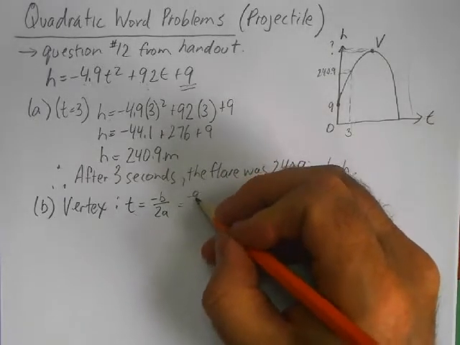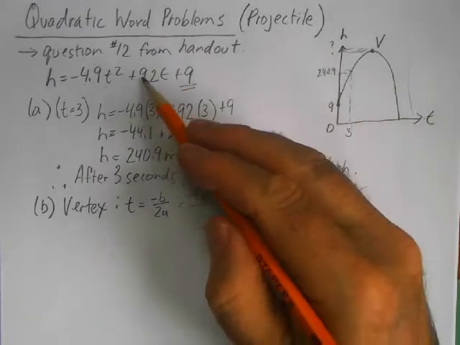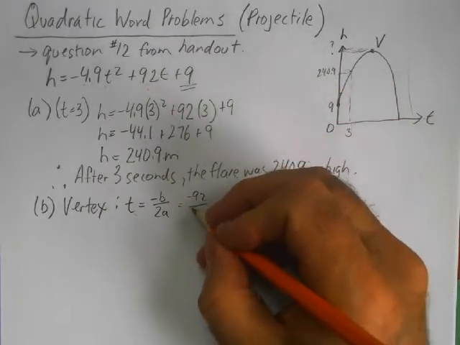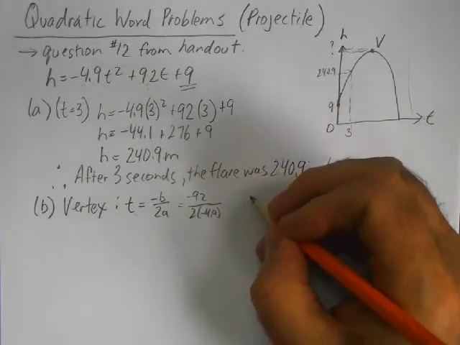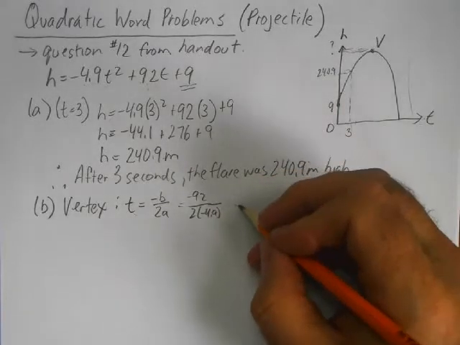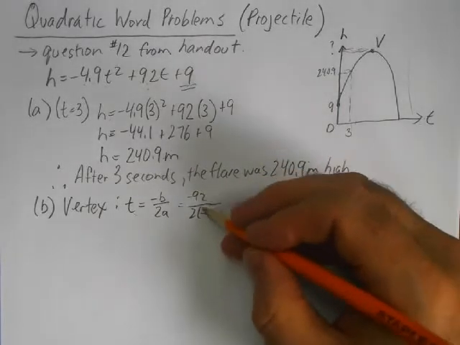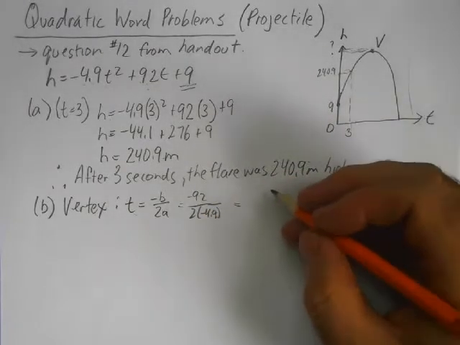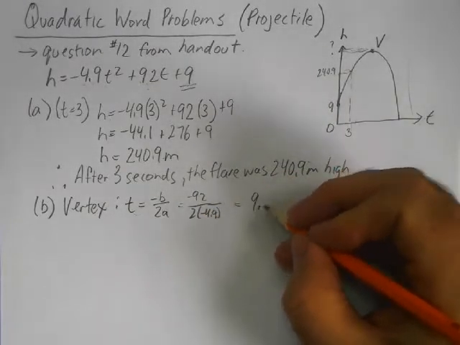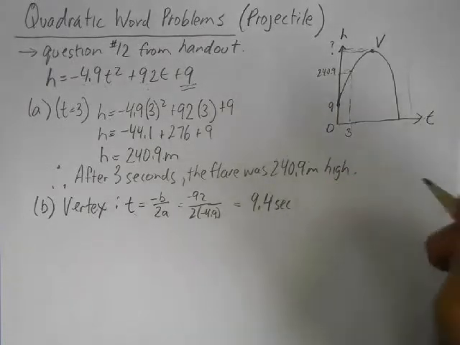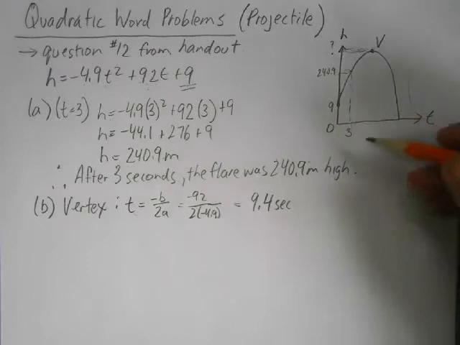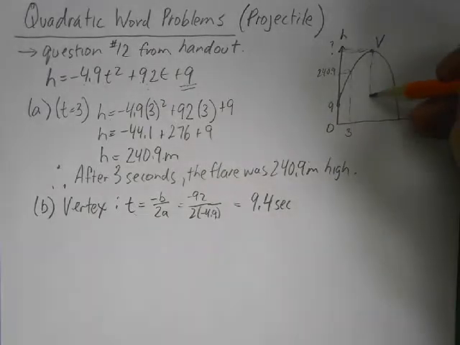So that's negative 92 from the b over 2 times negative 4.9. If you do that math, you've got 2 negatives, so it's going to cancel out. You're going to get 9.4, and this time I'm rounding it, 9.4 seconds. So that's when the maximum height happens.